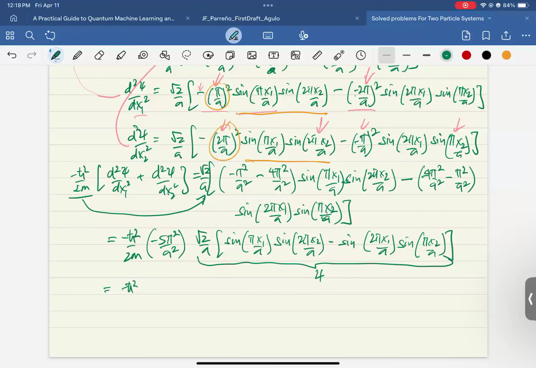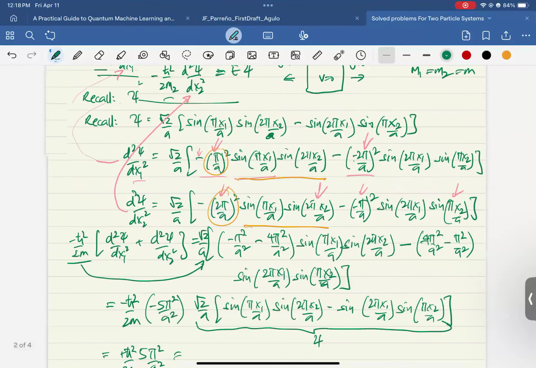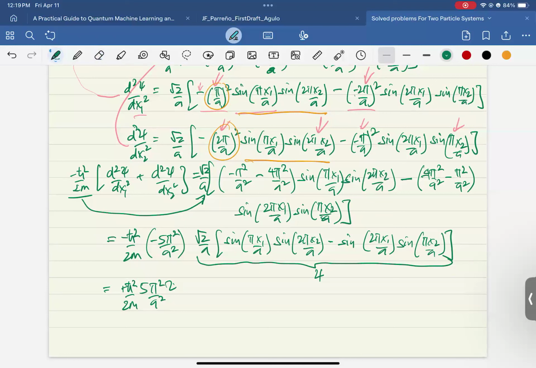negative h bar squared over 2m or positive. So 5 pi squared a squared. Okay, at equal yan sa, sorry, psi at equal yan sa E psi.